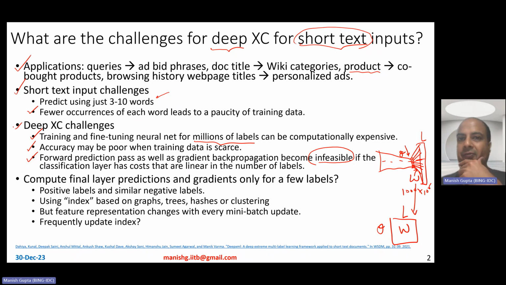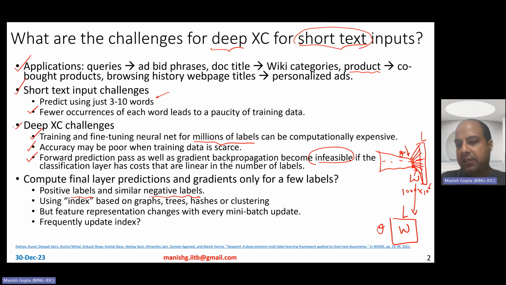Now, all of those labels are not relevant. Of course, in the training data, positive labels are going to be very few, let's say on the order of log of L. So at training time, you could take the positive labels and sample only a few negative labels, and backpropagate only for those weights.